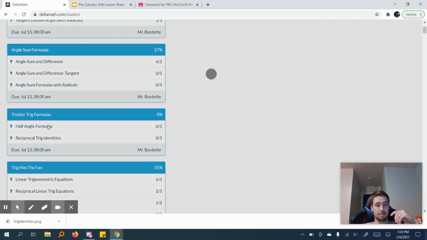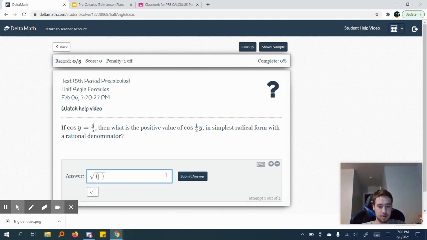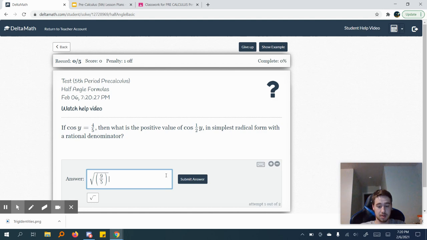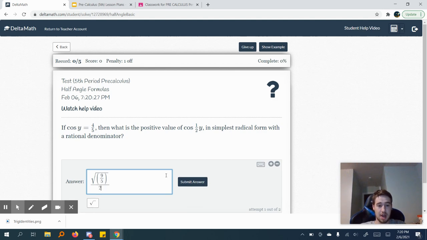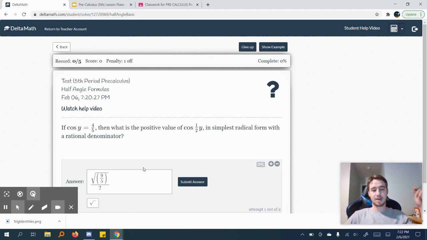So that means we are going to need the square root of 1 plus 4/5 divided by 2. So square root of 5/5 plus 4/5 divided by 2. And hold on a second. Okay, I'm back.